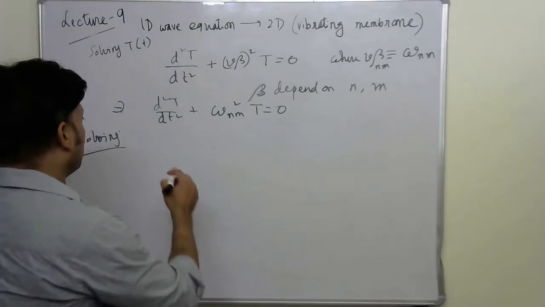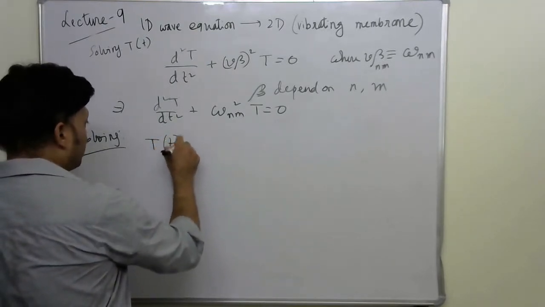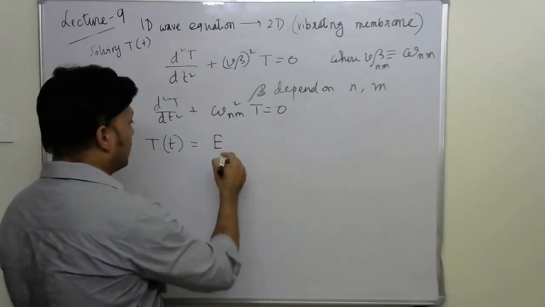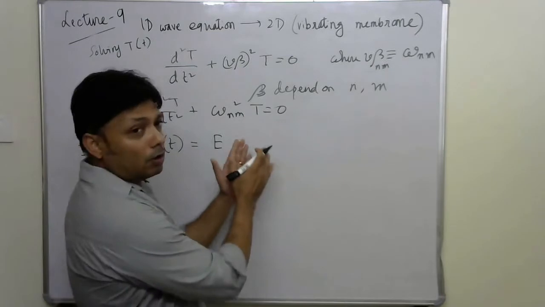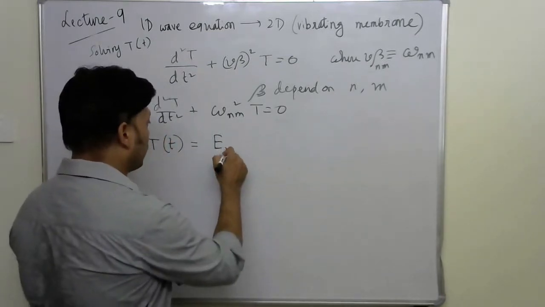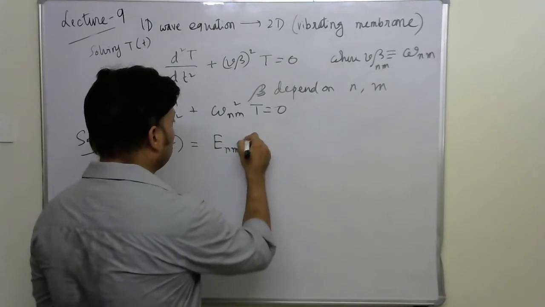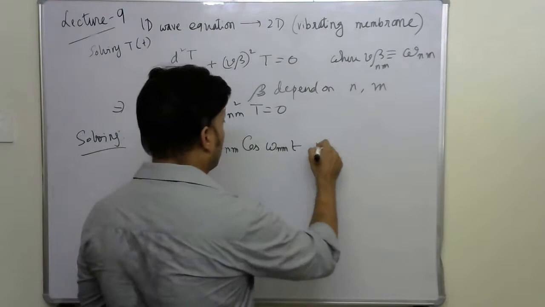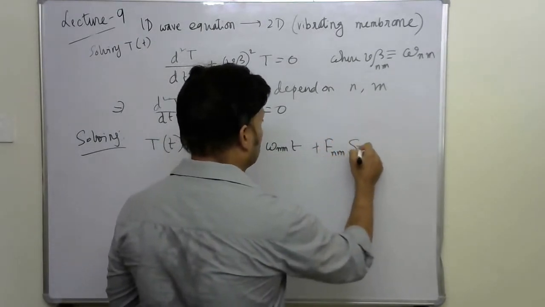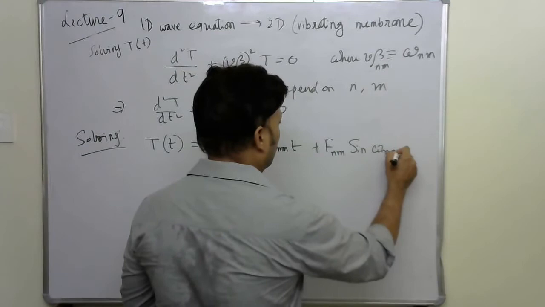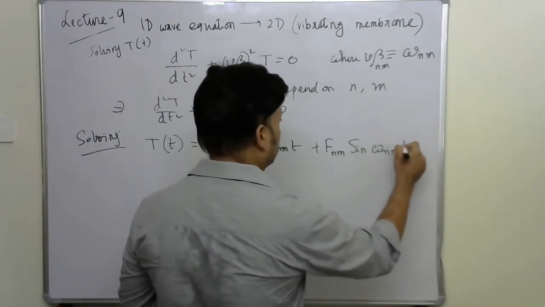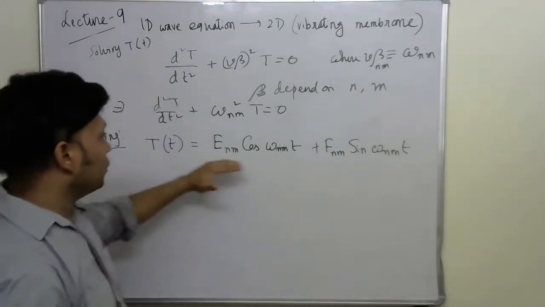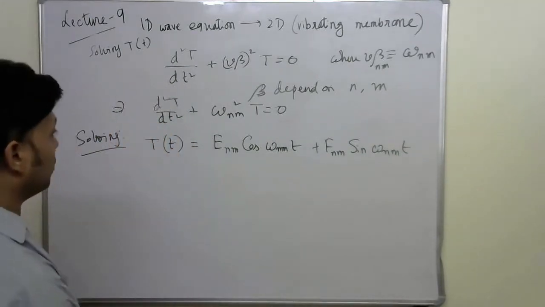The general solution becomes T in terms of time is equal to, we get two new constants, and since those new constants will also be dependent on n and m, remember the one-dimensional wave equation, E nm cos omega nm t plus F nm sine omega nm t. All right, so this becomes our solution for the time-dependent function.